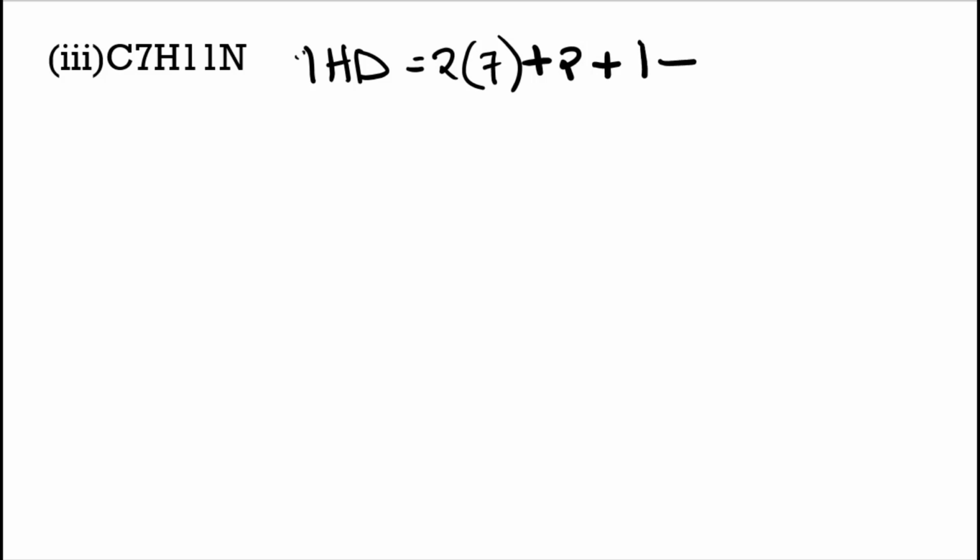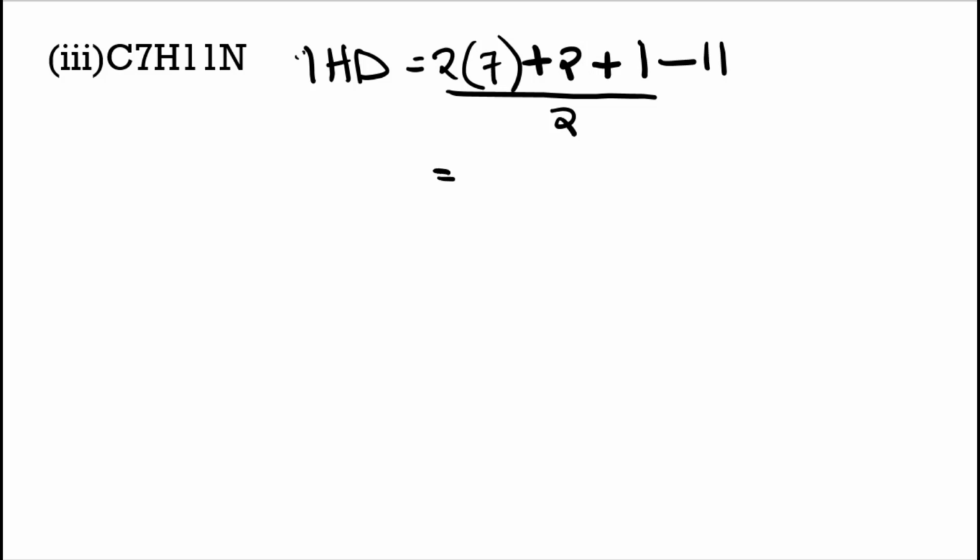Let's go to the third one. So the IHD for this is going to be 2 times 7, okay, so 2 times 7 plus 2, plus, there's 1 nitrogen here, so plus 1, minus the 11 hydrogens, over 2.